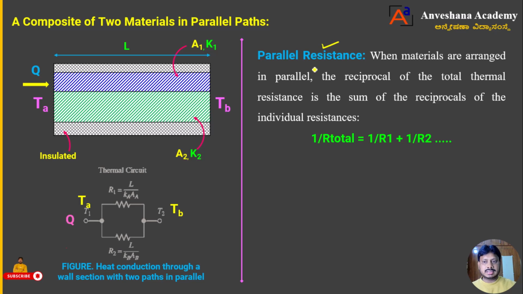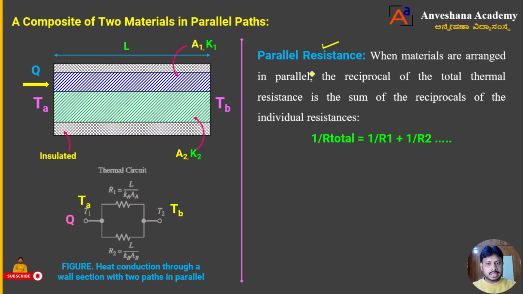When the materials are arranged in parallel, the heat is going to transfer from the high temperature region to the low temperature region, but the individual resistance is offered by the individual materials, and those resistances are parallel to each other. How is it, we can see here now, dear students. What is parallel resistance?